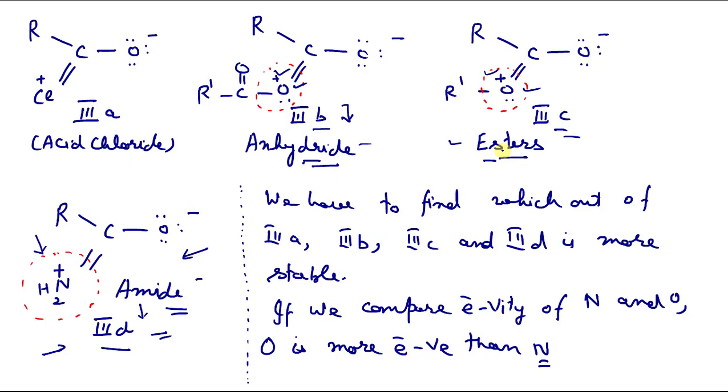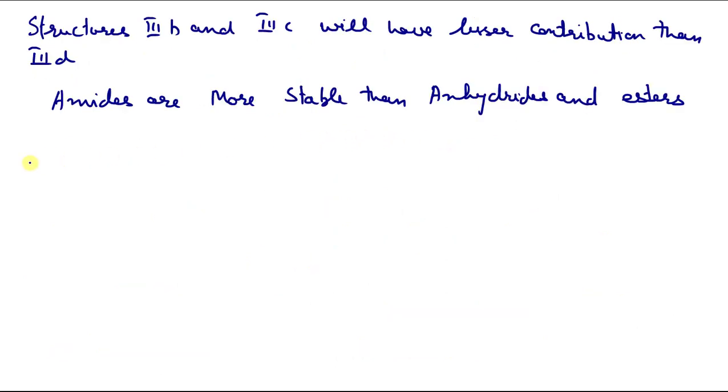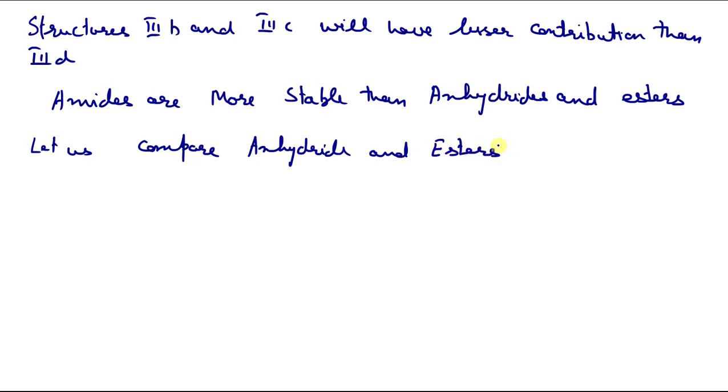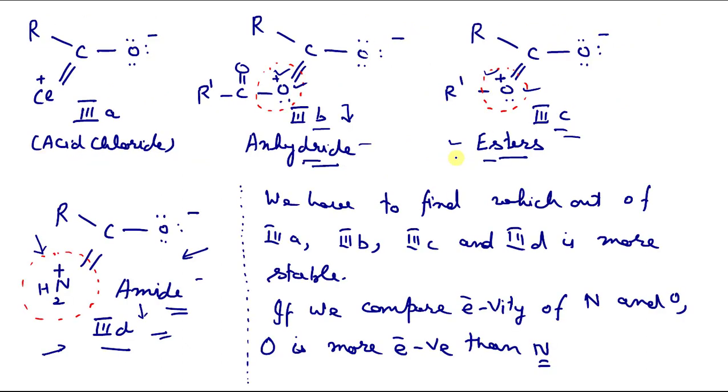Now let us compare 3B and 3C. Let us compare anhydride and esters, because both of these have a positive charge on oxygen. There might be some other factors which we can take help from to decide which is more stable. So once again I will write the resonating structures here.